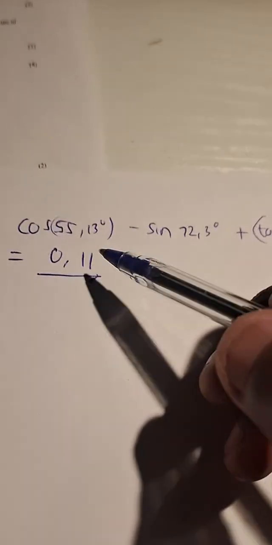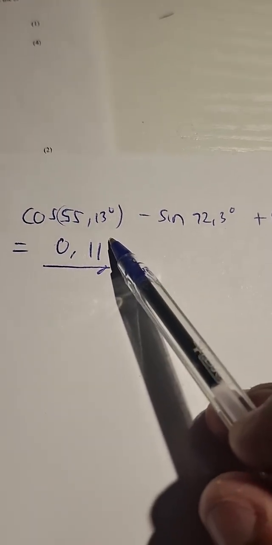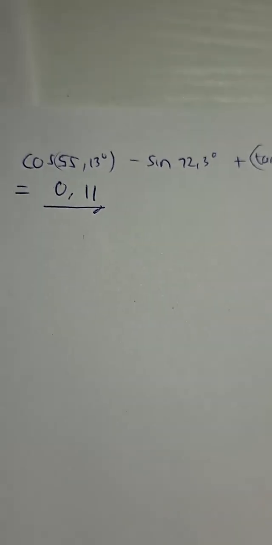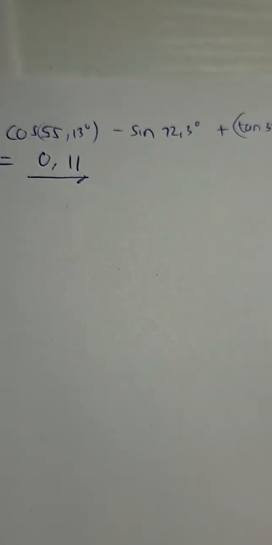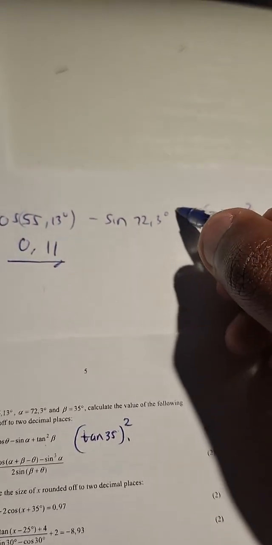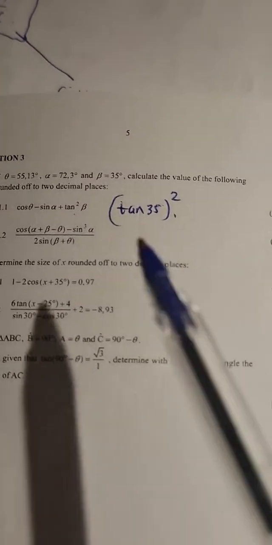So it goes up by 1. So our answer is 0.11. This is not an angle, so we don't write degrees. This is a numerical value. Please, guys, it's not an angle. So you leave it as 0.11. Okay, hope we are clear. 1 mark for substitution, 1 mark for your answer from the calculator. I believe that's how they roll.